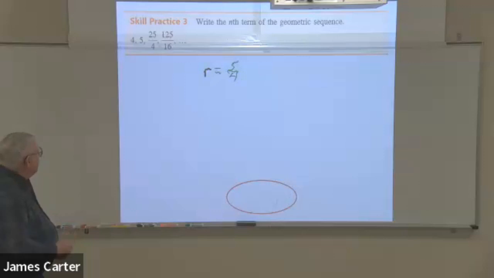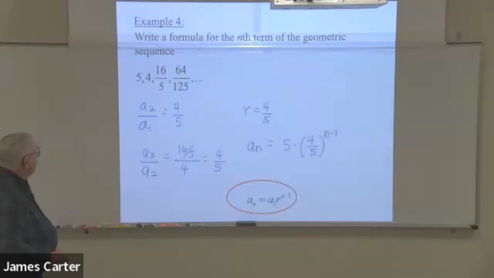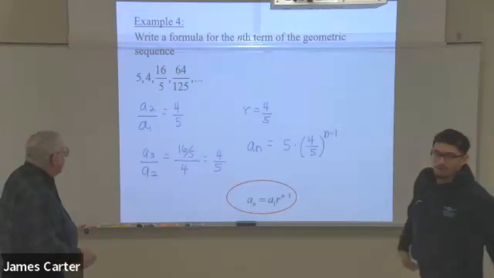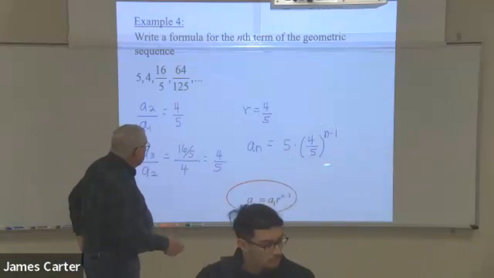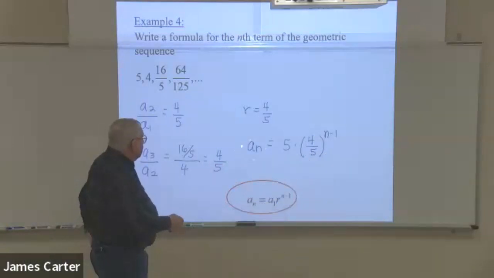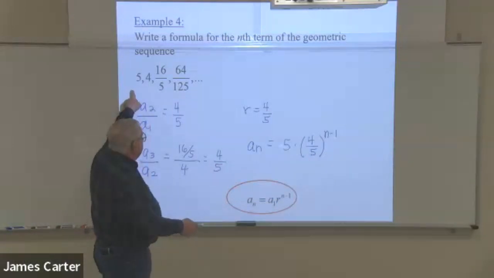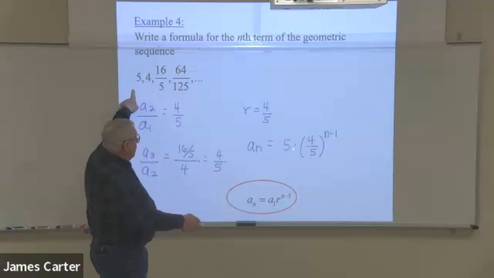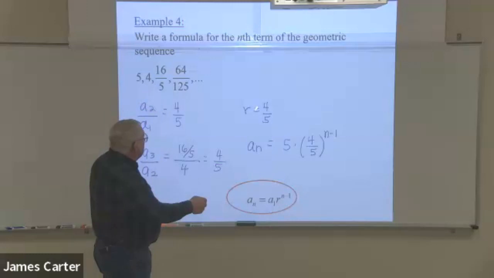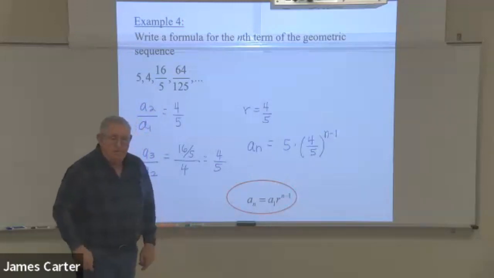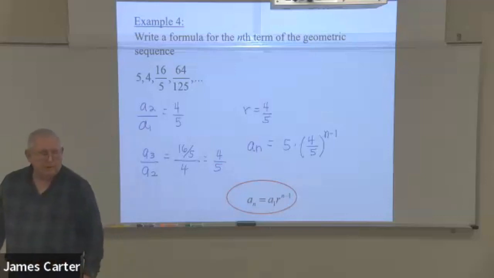Now, based on that, we can simply write our generic formula for the nth term: 5, the first term. Here's the rule: the common ratio to the n minus 1 power.